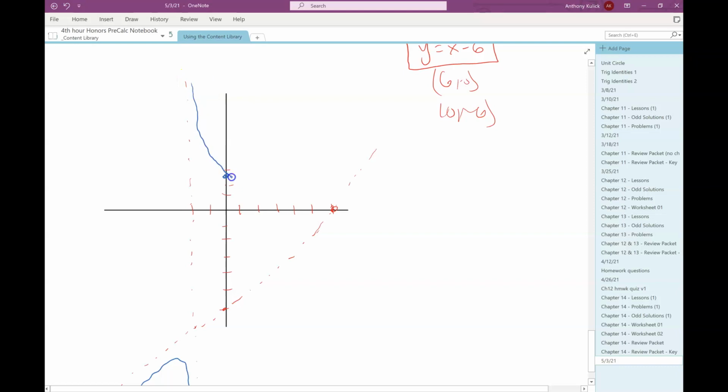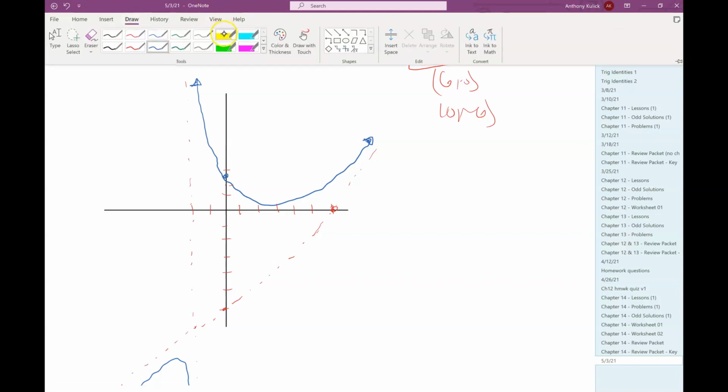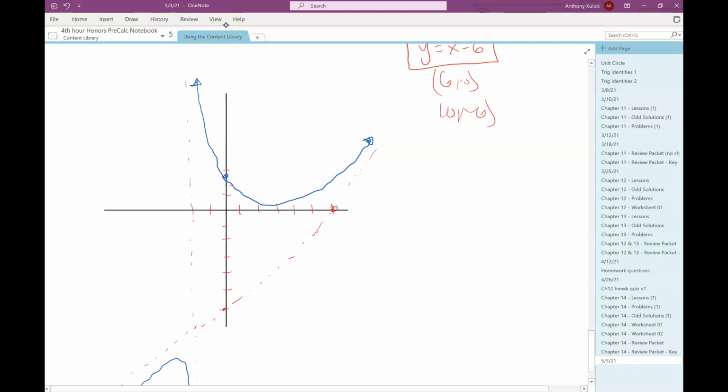So I have this starting from up here, and it's going to go like that. Is that okay with everybody?